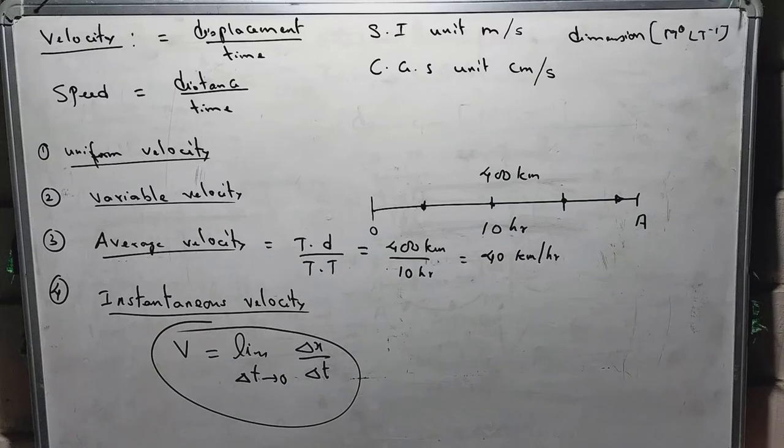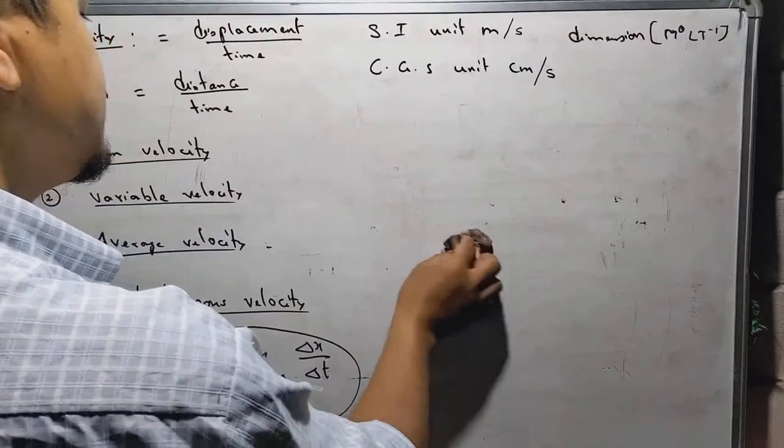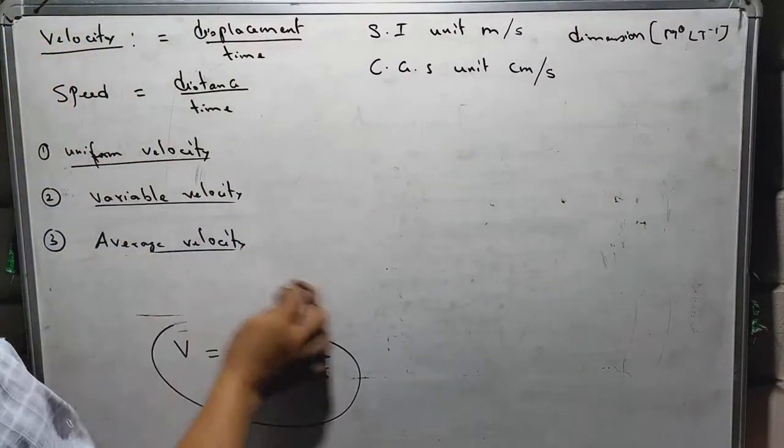So please remember that point. Speedometer always measures the average speed, not the average velocity. Now let us quickly see the difference between speed and velocity.